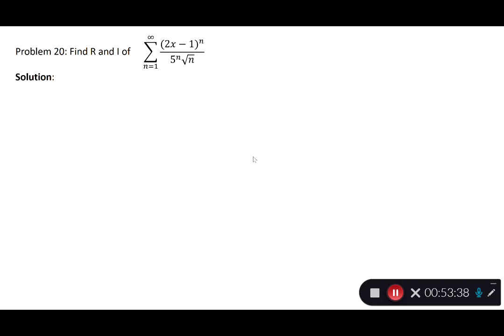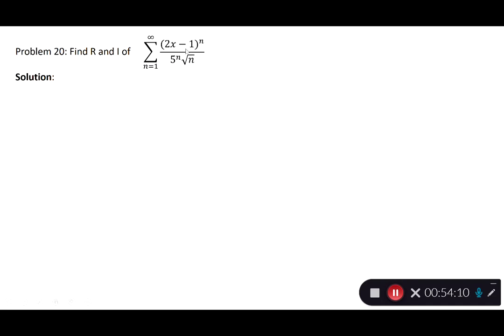This doesn't have the coefficient of x to be 1. So it's not a power series? Nope, it is a power series. Why? How? Okay, who's stopping us from factoring out a 2 out of this? Right? I could very well factor out a 2 and it would become 2 times x minus 1/2.